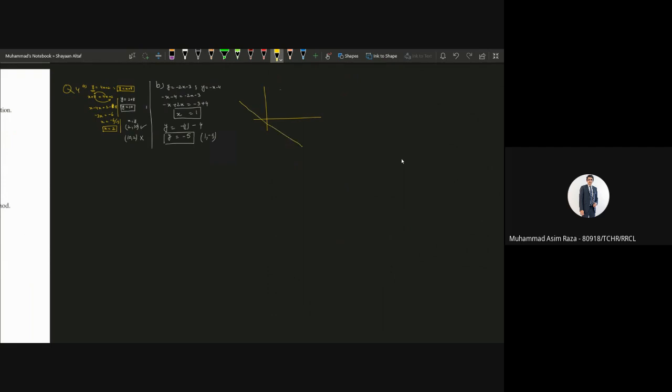However, another line, y is equal to minus x minus 4, is like this one.